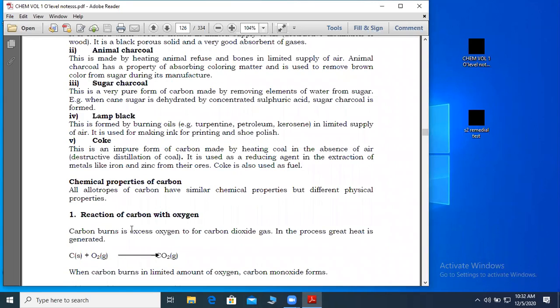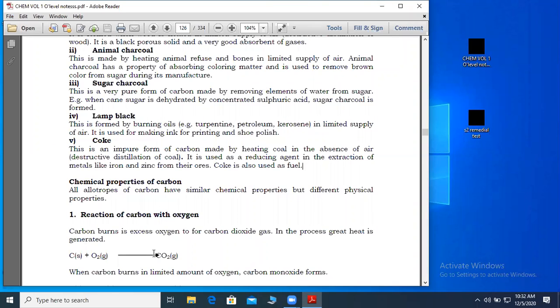Carbon in excess oxygen, please note this equation. In excess oxygen, or in plenty of oxygen, carbon burns to form carbon dioxide. And you should always remember this, that there is also sodium, which forms one product in excess oxygen and another product in limited oxygen.